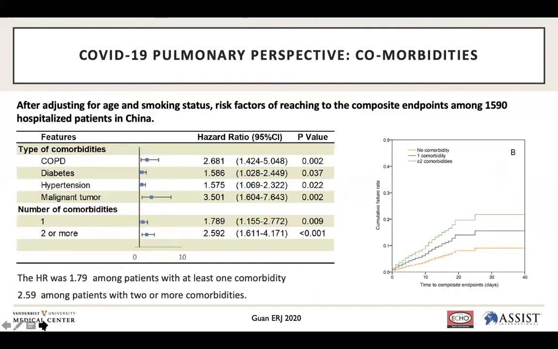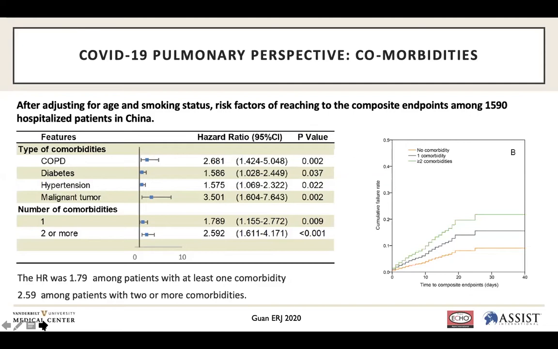Let's talk briefly about comorbidities and its relevance in this disease. Comorbidities are a high predictor of worsened outcome. In this nice series, again published in the European Respiratory Journal, rather, I'm sorry, you see that some of these comorbidities are clearly associated with increased hazard ratio for death.